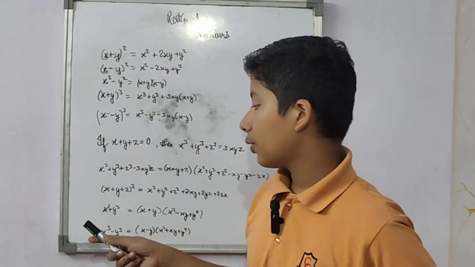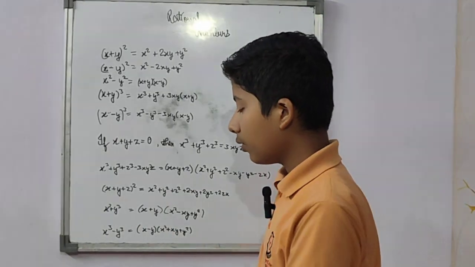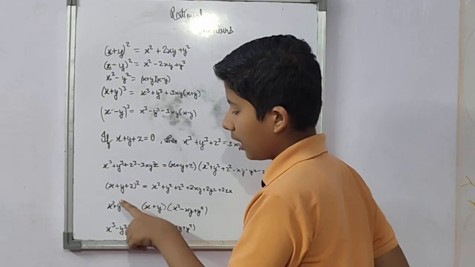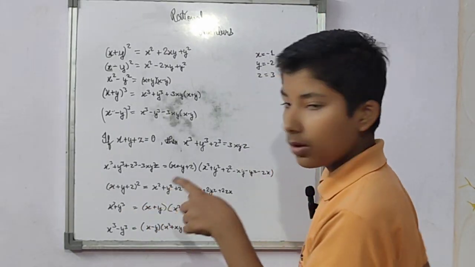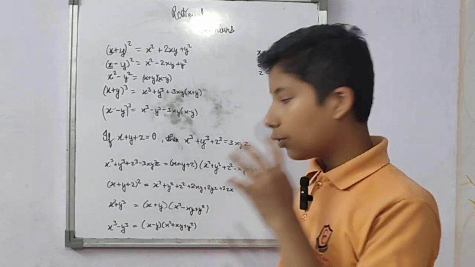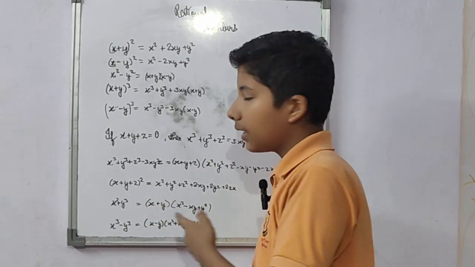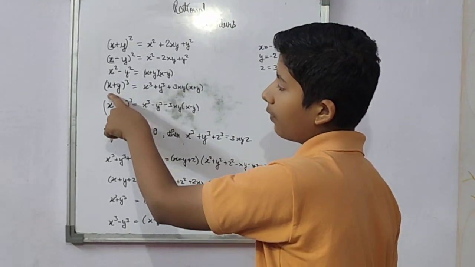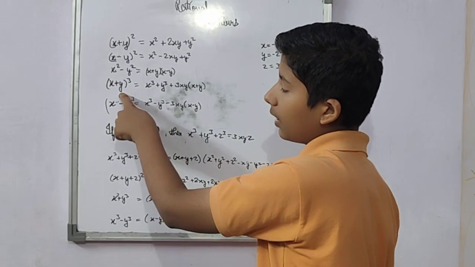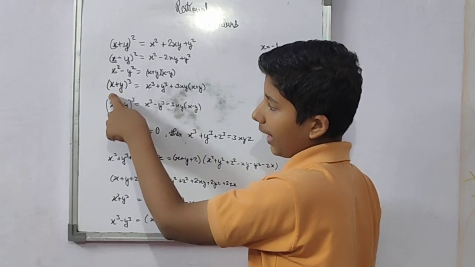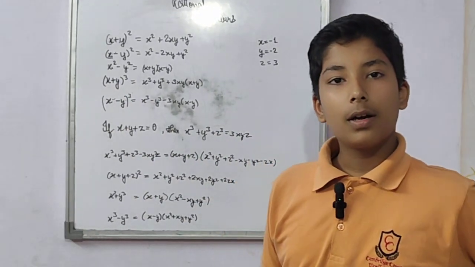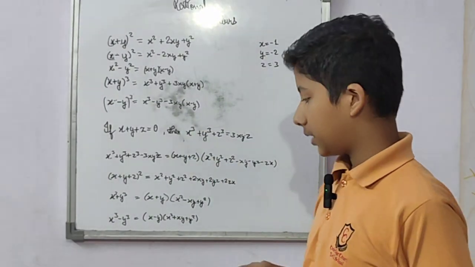Let's suppose x is 1 and y is 2. x cube equals 1 cube equals 1, and y cube equals 2 cube equals 8. So 8 plus 1 is 9. And in the other, y is 2, x is 1, 2 plus 1 is 3, and 3 cube will be 27. So they both are so much different.